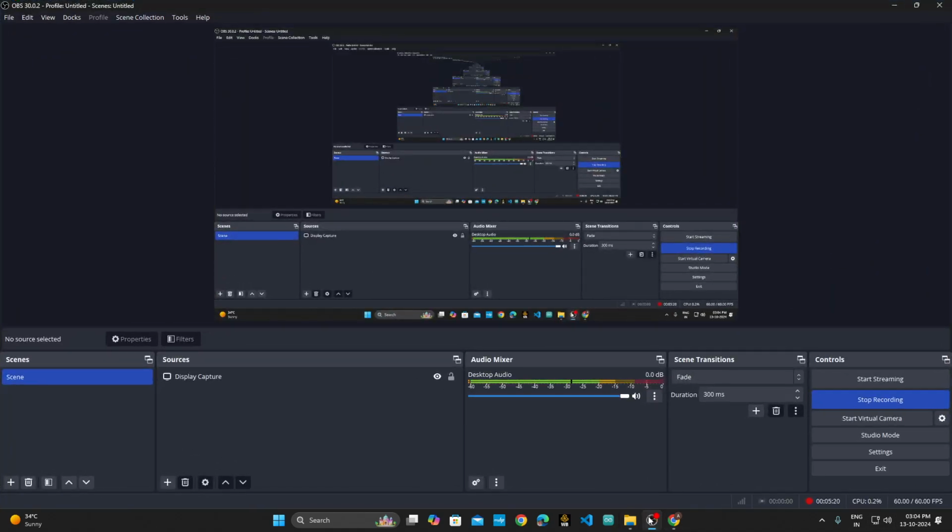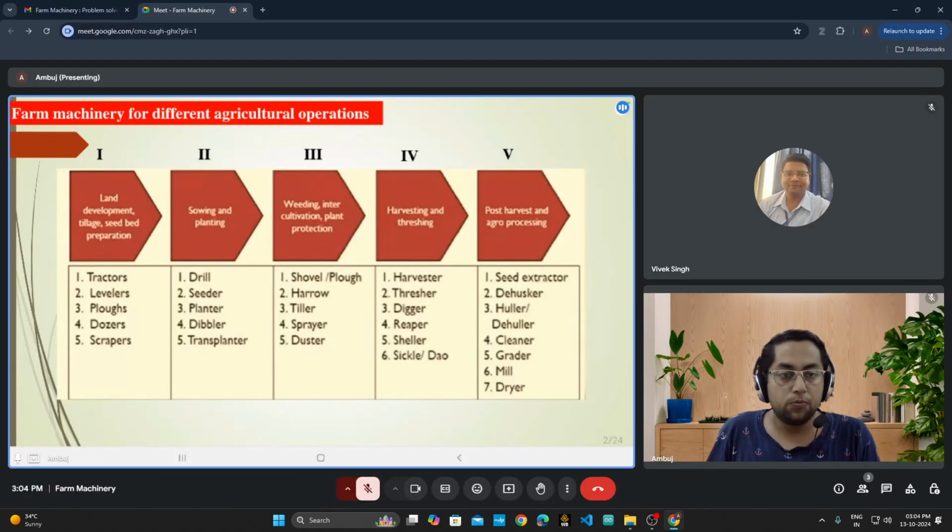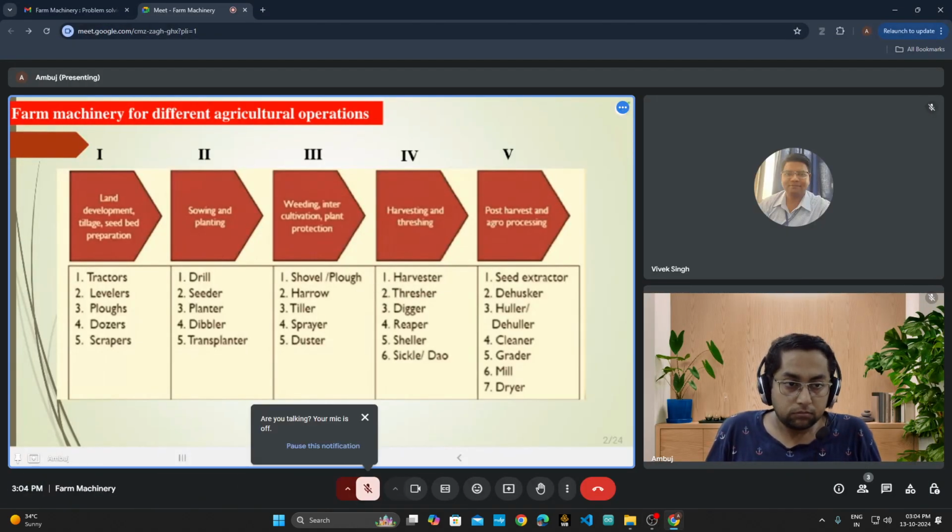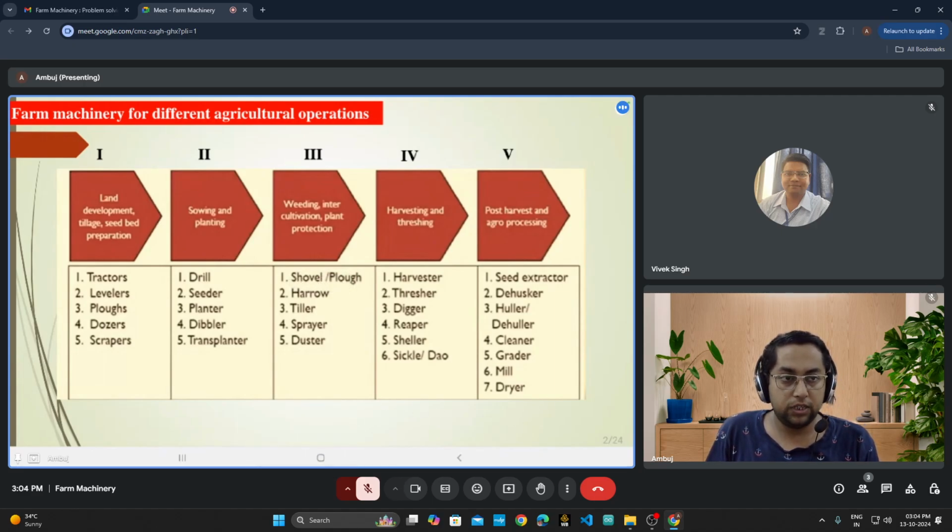Some of these machines I showed you in the previous lecture. We talked about tractors, levelers, angle dozers, plow, mole plow, then the tractor operated scraper also. So this was regarding land development, tillage, and seedbed preparation. Heavy machinery is used for this purpose.